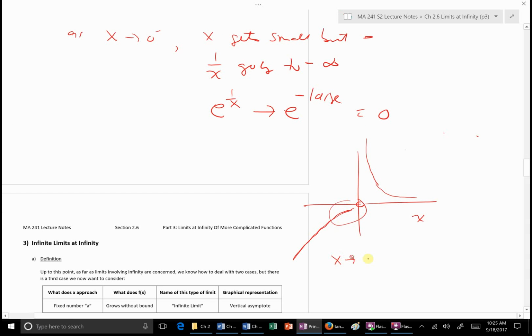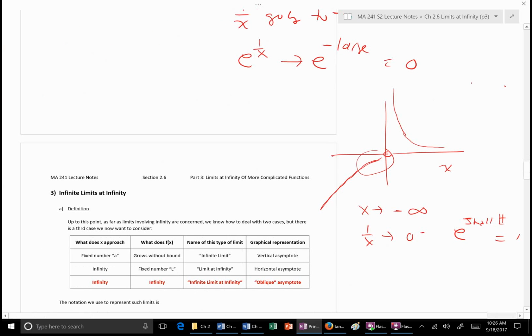What's happening as x is going to negative infinity? 1 over x is going to 0 from below, right? So this is like e to a small negative number, and this is actually equal to 1.